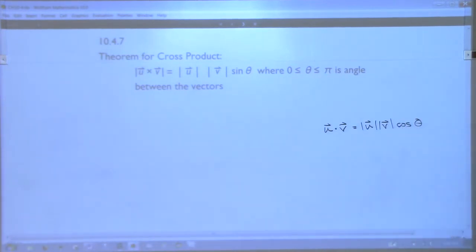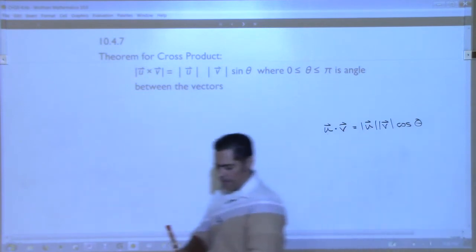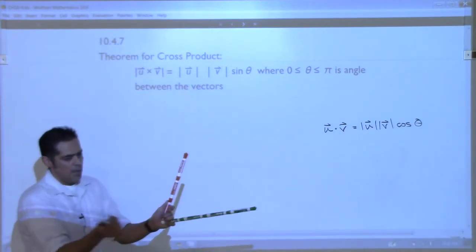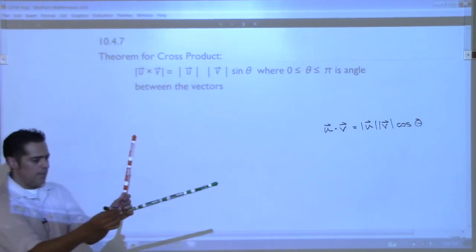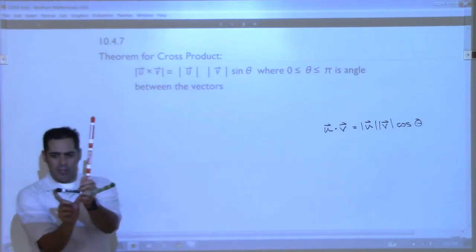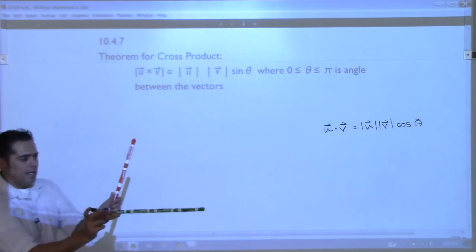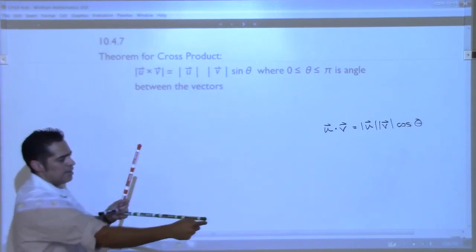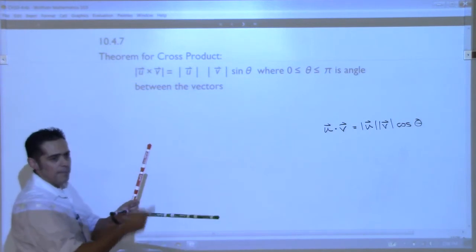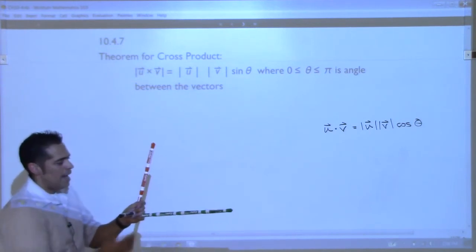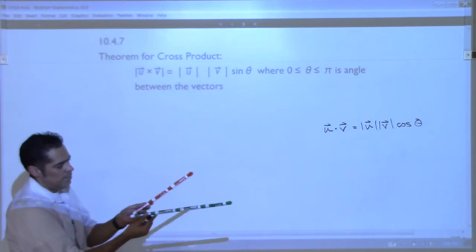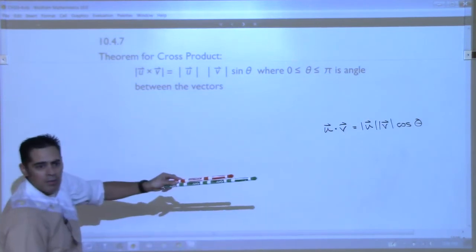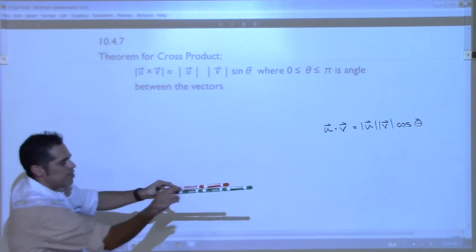So maybe you can help me with this. If I have two vectors and I cross them, I get this new vector, the cross product. The length of that vector is going to be the length of this vector times the length of this vector times sine of the angle between them. So what happens in this case, if these two vectors are parallel to one another, so the angle between them is 0?